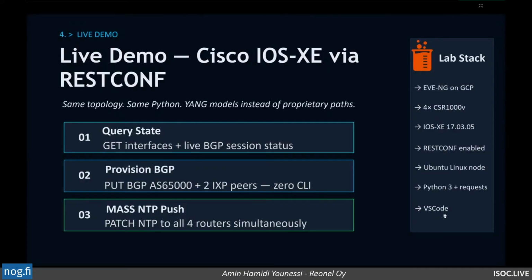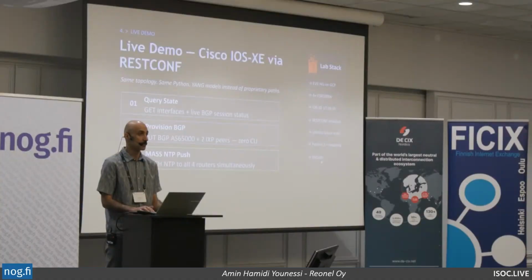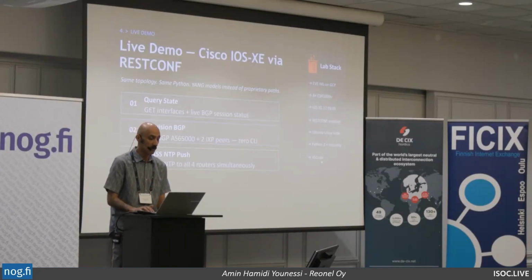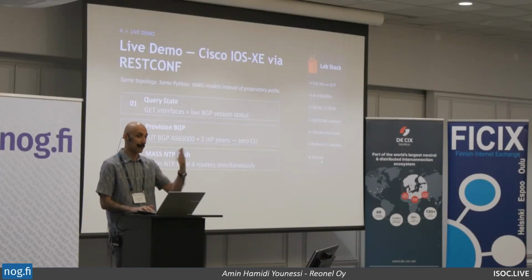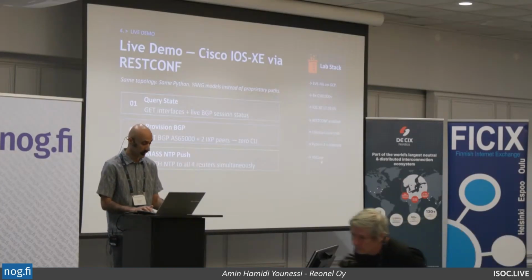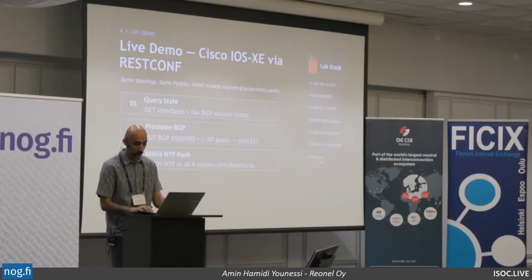The IXP members already have the BGP configuration, and in the last step, we will do a mass NTP configuration. Instead of one by one, box by box, we will push some configuration to, just imagine, 400 or 4,000 routers at the same time. But here we have only 4 routers.